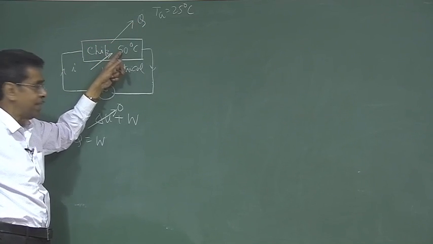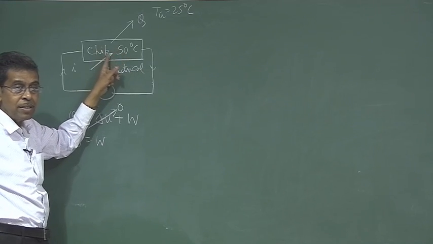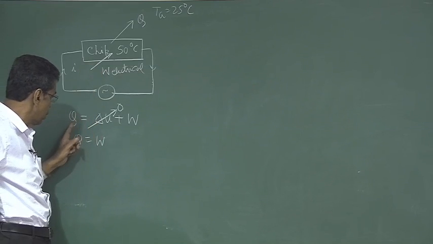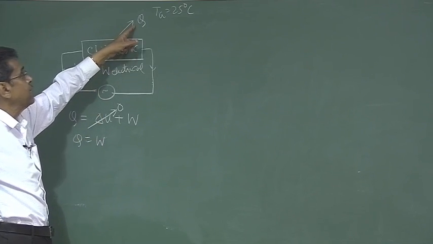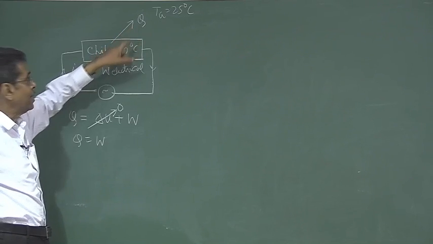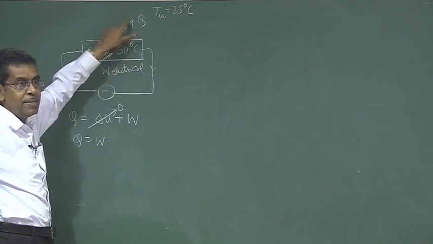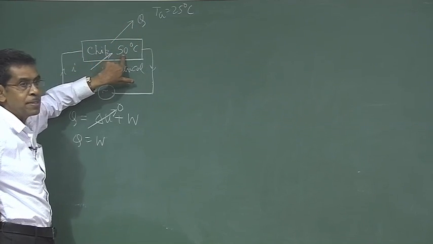So the chip is at steady state, and this steady state temperature is 50 degrees Celsius. This is a very important point. So delta U is 0, so Q is equal to W. That means the entire electrical work is finally transferred as heat to the surrounding. First dissipated in terms of internal energy which raises its temperature, then dissipated to the surrounding, and they are equal, so that the temperature remains the same.